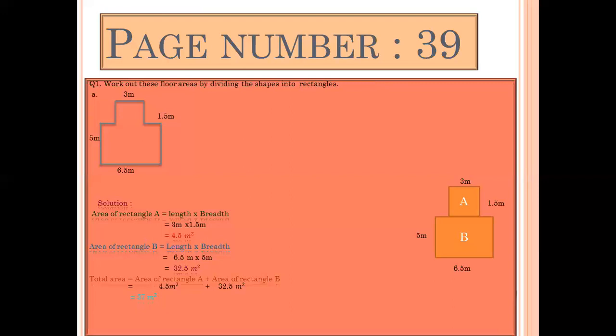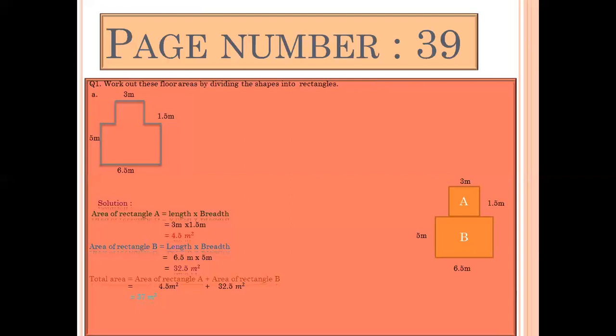Length is 3 meter and breadth is 1.5. The height will always be the breadth. Multiply 3 and 1.5, 4.5 meters square. So the area of rectangle A is 4.5 meters square. Now is the turn of rectangle B. In this rectangle, length is 6.5 meter and breadth is 5 meter.